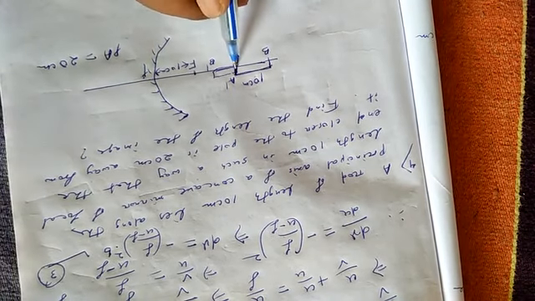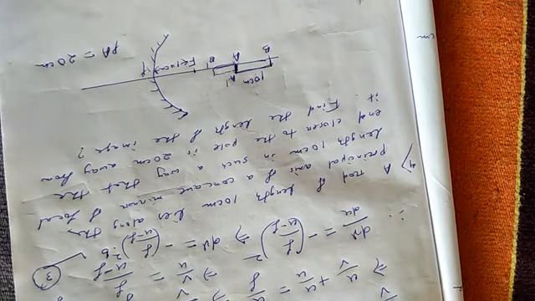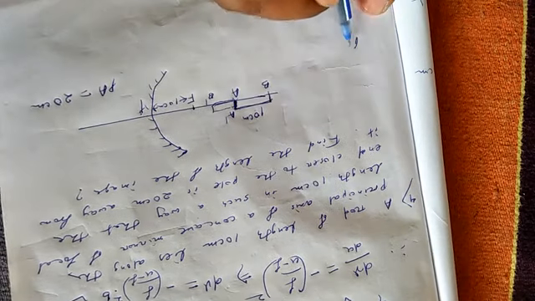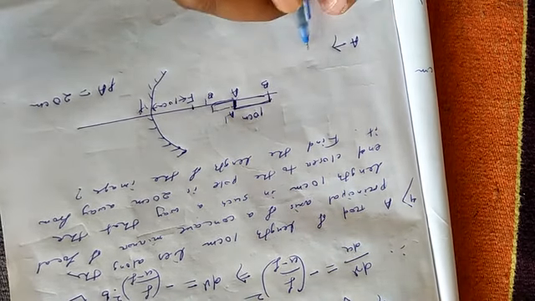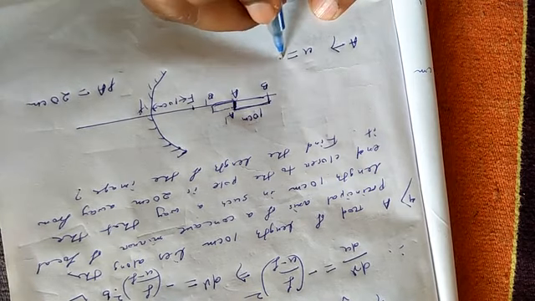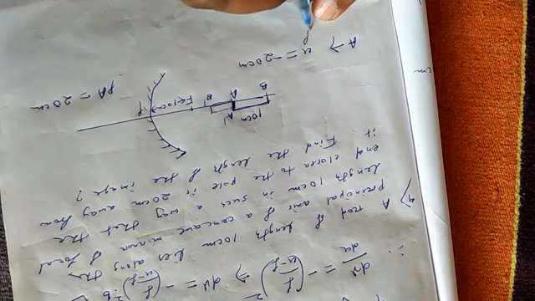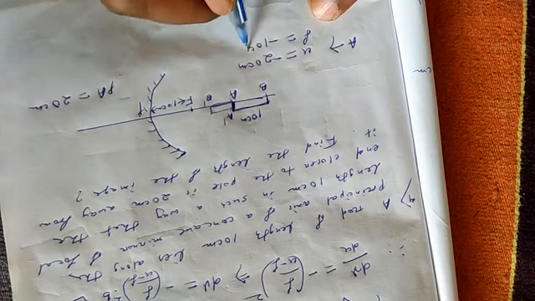Taking A as object, the object distance is equal to minus 20 cm and focal length is equal to minus 10 cm.